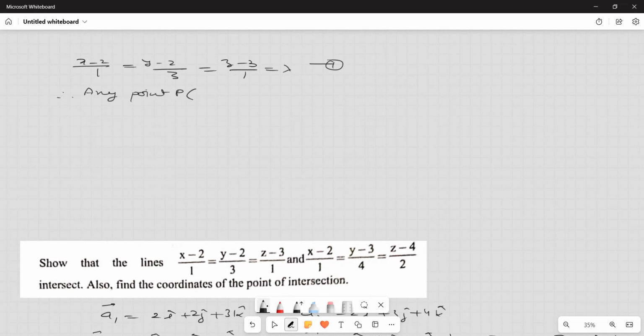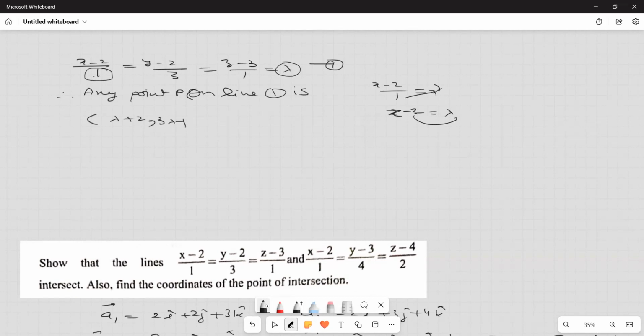Any point P on line 1 is same method: x minus 2 by 1 is equal to lambda. So that will be x minus 2 is equal to lambda. 1 into lambda is lambda. So 2 transpose this side. So this is lambda plus 2, 3 lambda plus 2 and lambda plus 3. This is any point P on line 1.